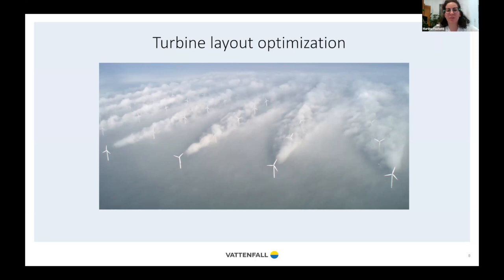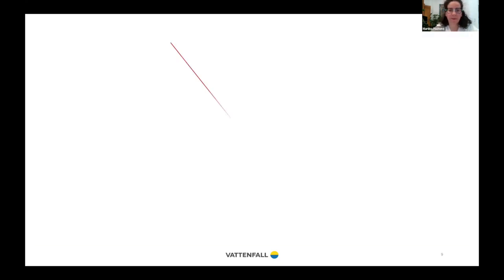In this specific wind scenario, if any of these turbines in the back was placed a little bit more to the right or to the left, it would have less wake effect, and the overall production of the park would be higher. So basically we started with this: how can we place turbines in a site to minimize the wake effect?